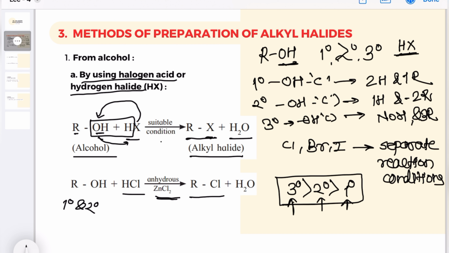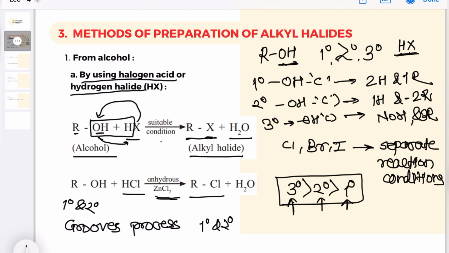This reaction is known as Groove's process. In Groove's process, primary and secondary alcohols react faster with HCl and anhydrous ZnCl2.